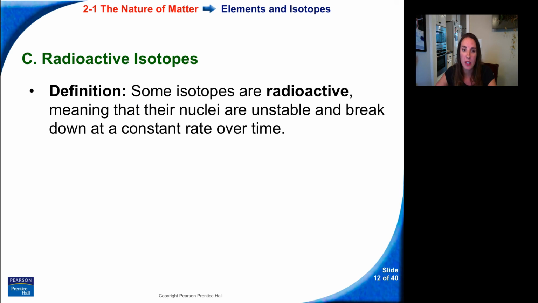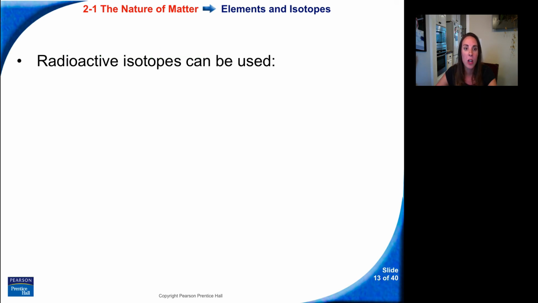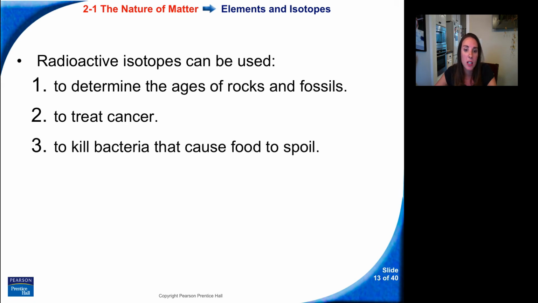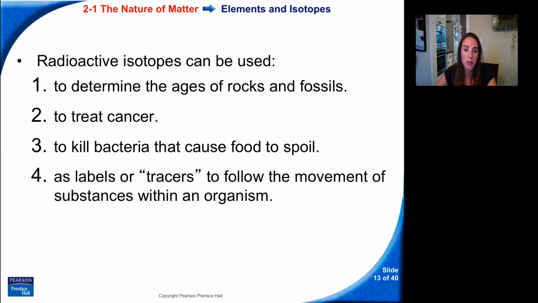So some isotopes are radioactive, meaning that their nuclei are unstable and break down at a constant rate over time. Radioactive isotopes are used a lot in biology. They're used to determine the ages of rocks and fossils, to treat cancer, and to kill bacteria that cause food to spoil.